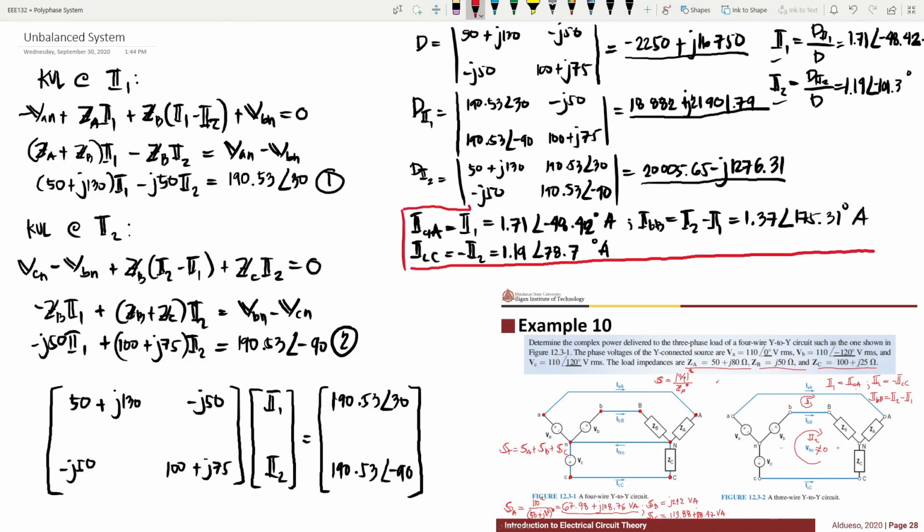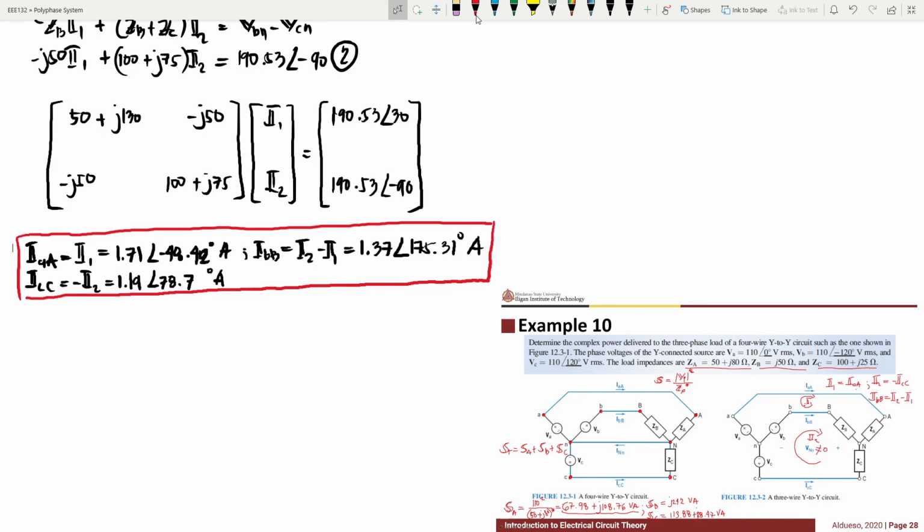So we can now get the complex power of each phase. Using the values of the line currents, we can now get the total complex power of each phase.